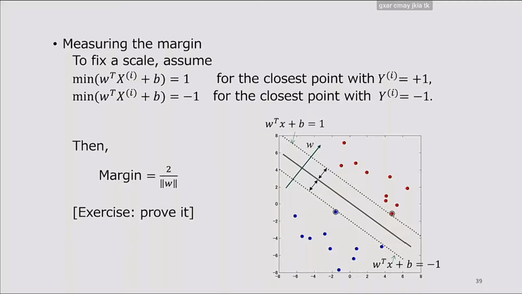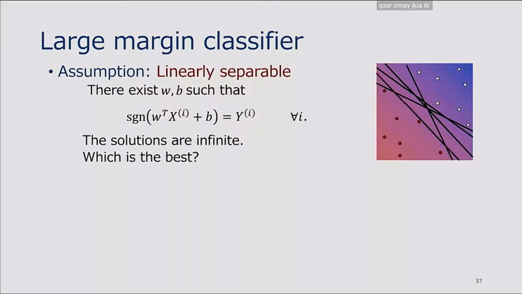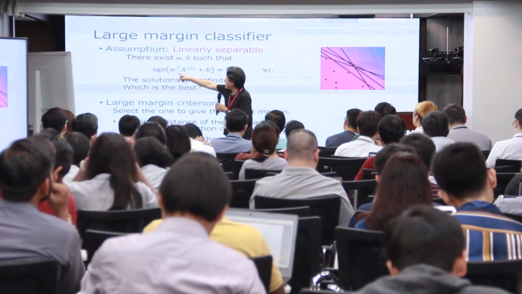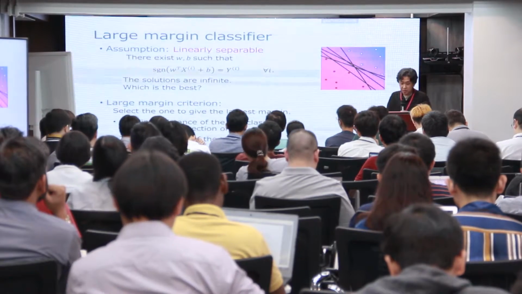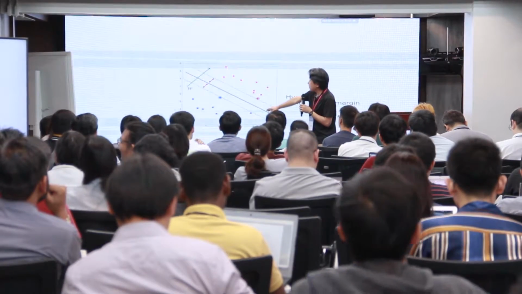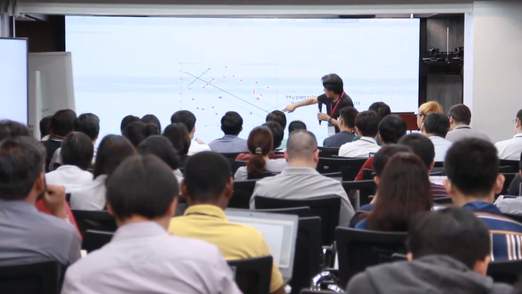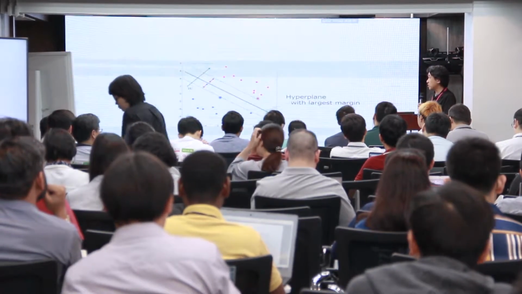In considering the hyperplane, we should notice that it is given by W transpose X plus B is equal to 0.